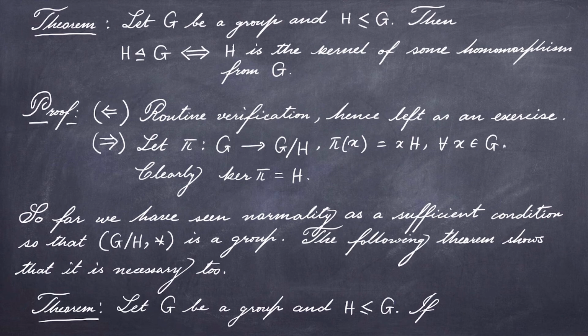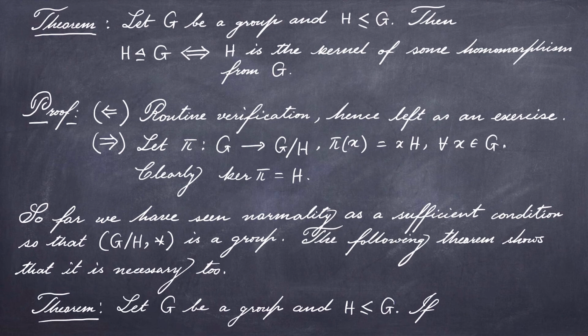So it's a very natural question whether there is any connection between these two things, that is, being the kernel of a homomorphism and being normal in G. So this theorem answers that.